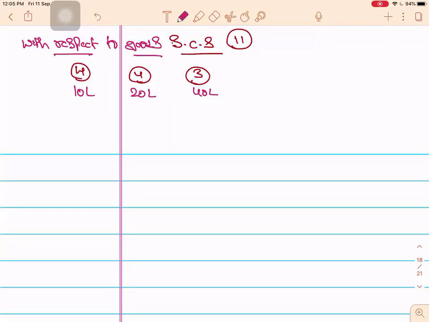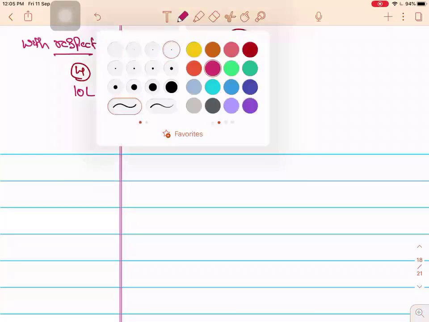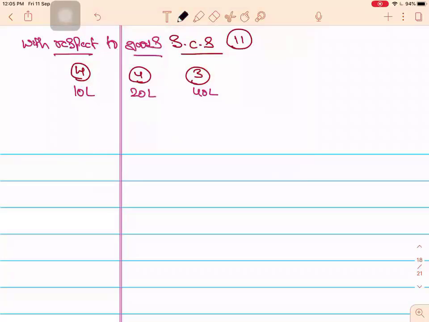What are the four special category states covered under 10 lakhs? Mizoram, Manipur, Tripura, Nagaland.